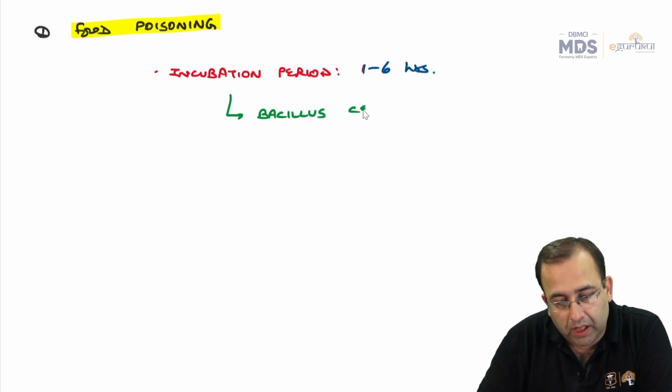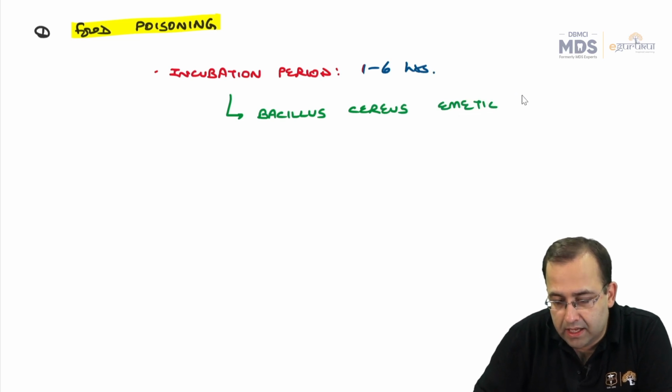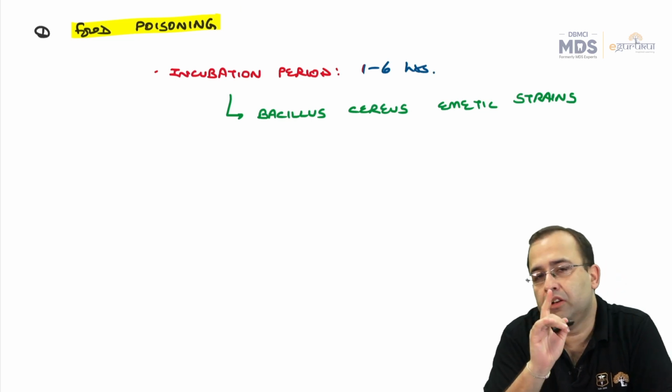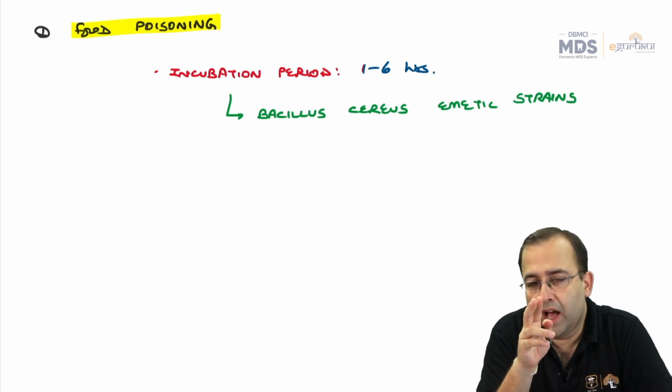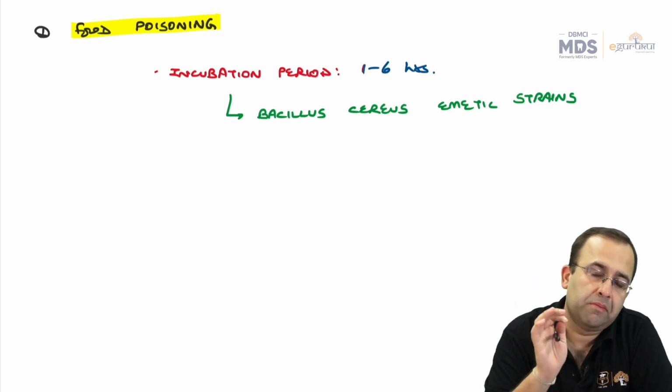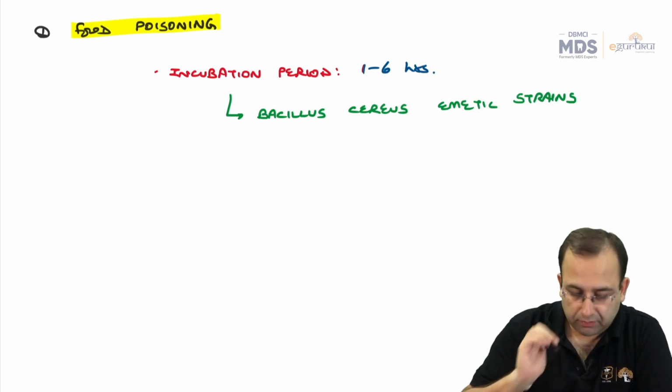Nothing else is asked with Bacillus cereus emetic strains except the incubation period. So the incubation period of Staph aureus as well as Bacillus cereus, the one associated with vomiting, emetic strains, is the same, 1 to 6 hours.